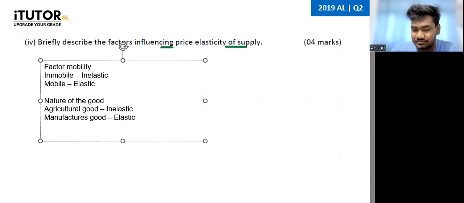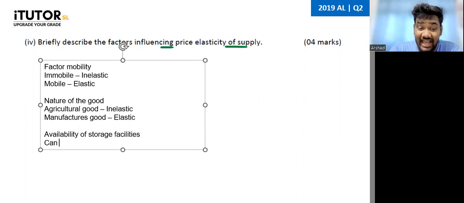Third one, you can say availability of storage facilities. So if you can store the good, what do you think it will be? In other words, it's a non-perishable good.